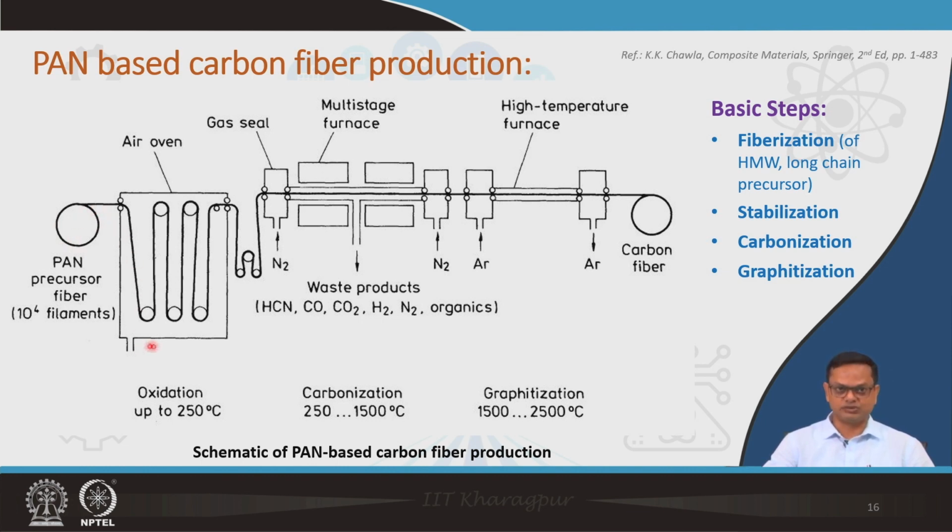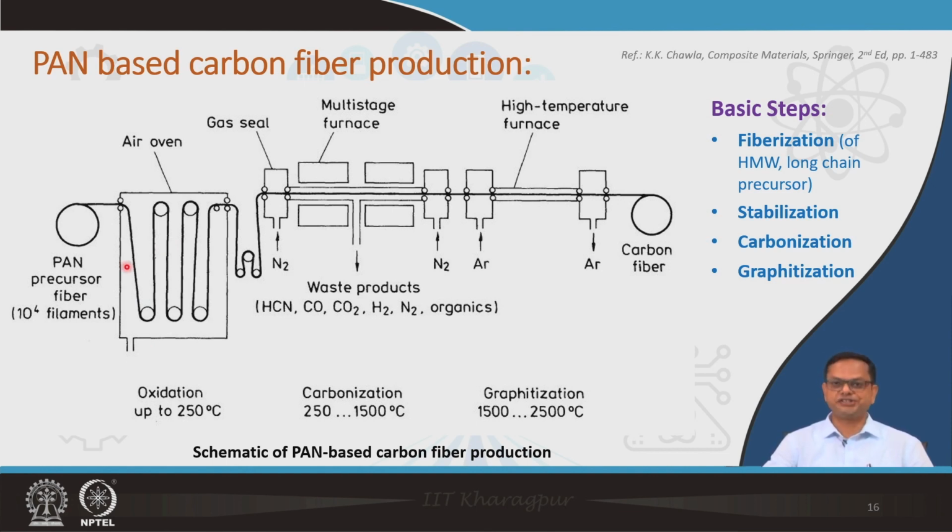a stabilization process. In the stabilization process, basically oxygen atoms get attached with the PAN structure, and we are calling it stabilization because I will be showing you the internal atomic structure, molecular structure, and you will be seeing that because of the addition of oxygen atoms, the PAN structure becomes rigid.